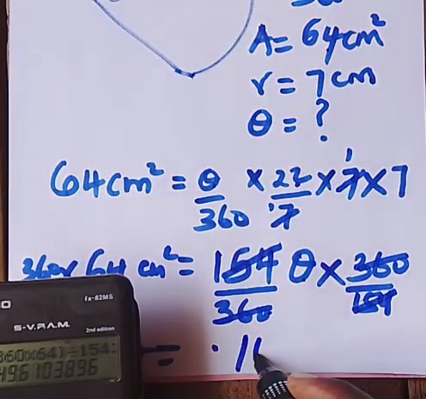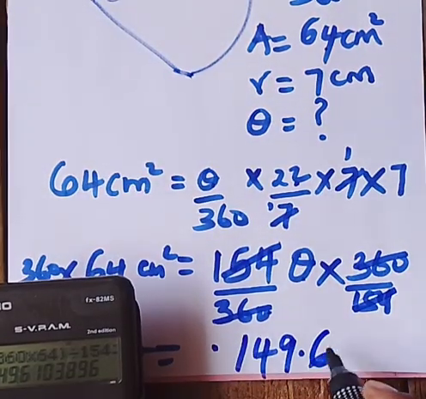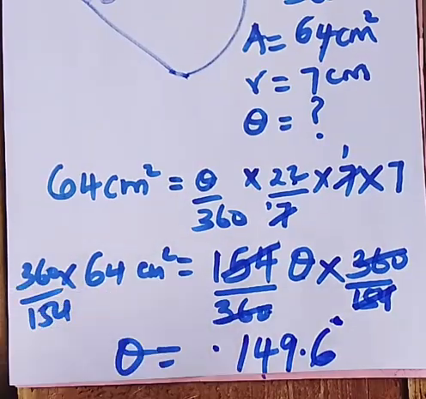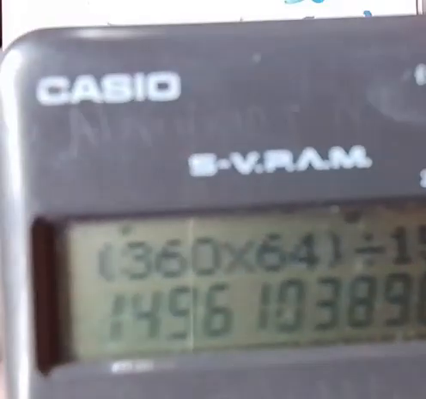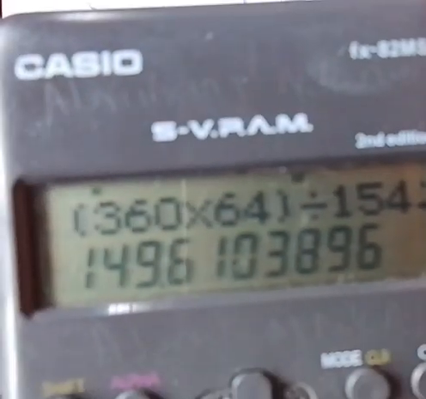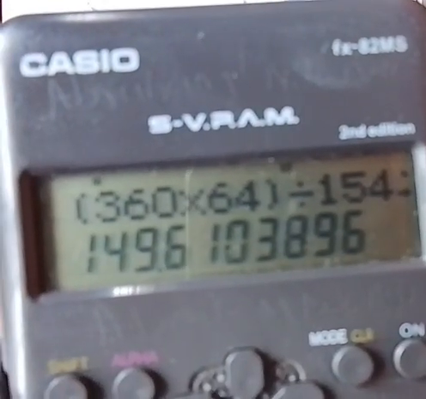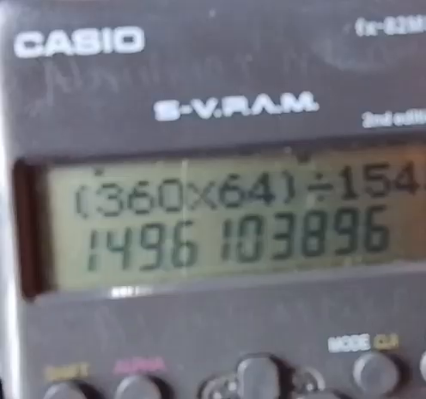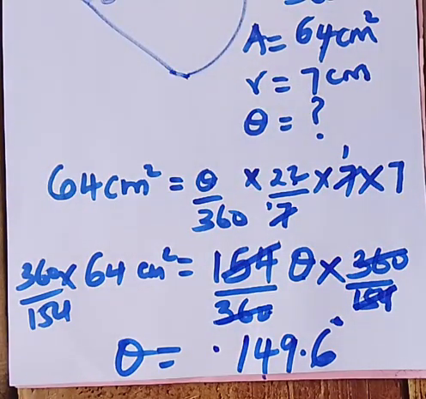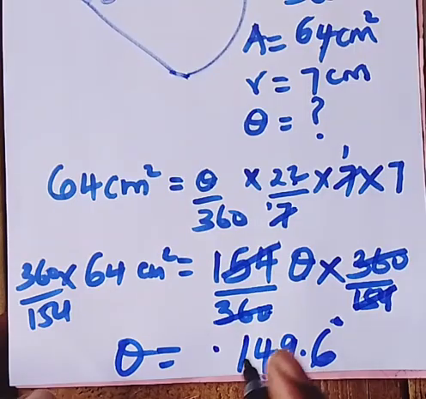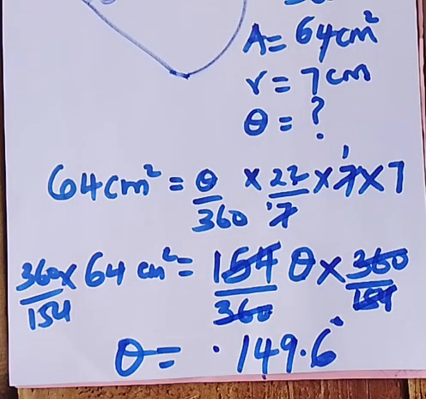So we'll say 149.6 degrees. That is our theta. You can see here 360 times 64 divided by 154 gives 149.6 degrees. So this was somewhat reversed, where we were supposed to get the angle theta when given the area and the radius.